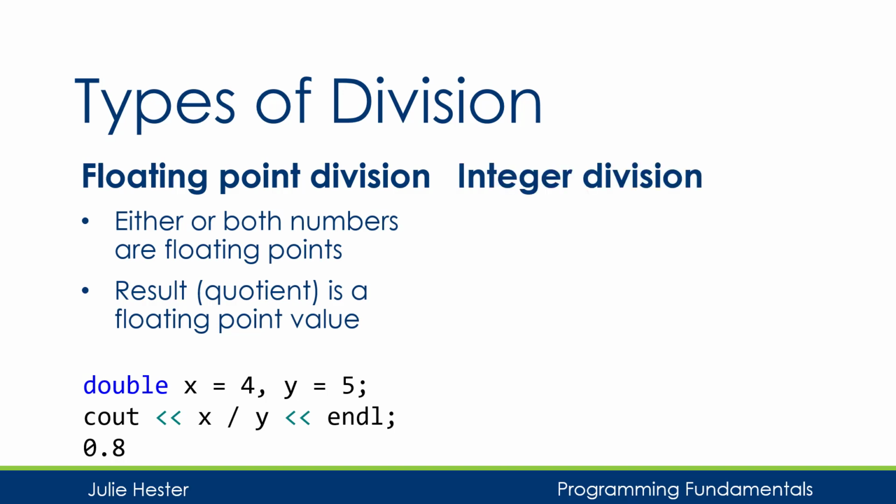The other kind of division is where I can have problems, and that's with integer division. In this case, both of the numbers are integers. And if I add two integers, or I multiply two integers, I'm not going to have a problem, because anytime I'm using two integers in an operation, the result is going to be an integer.